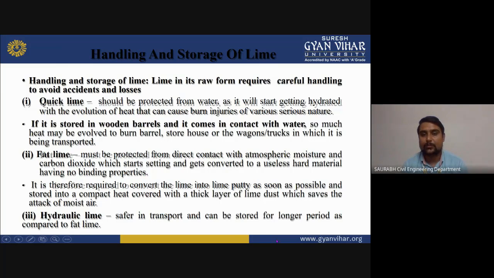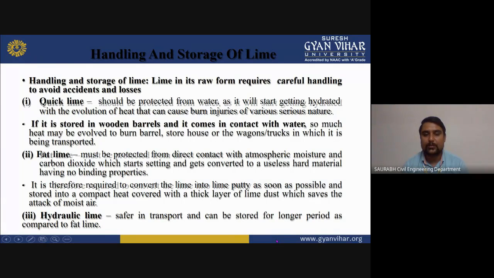Quick lime should be protected from water, as it will start getting hydrated with the evolution of heat, which can cause burn injuries of a very serious nature. If it is stored in wooden barrels and comes in contact with water, so much heat may be evolved that it can burn the barrels, the storehouse, or the wagon or truck in which it is being transported.